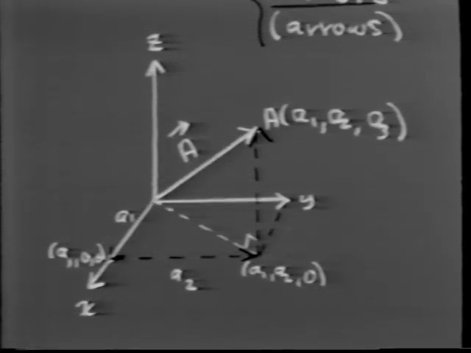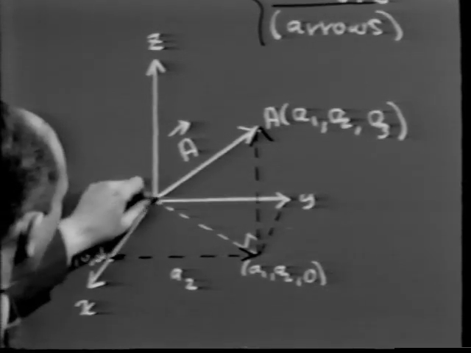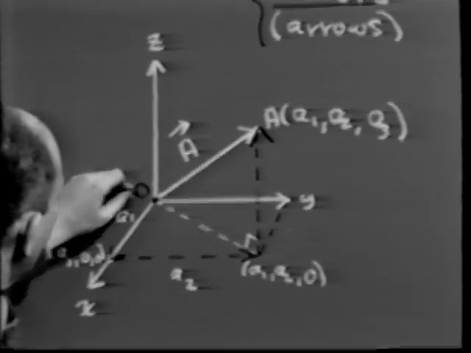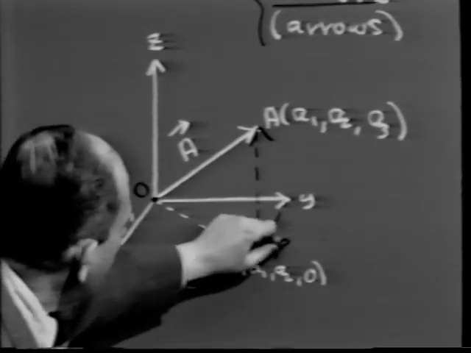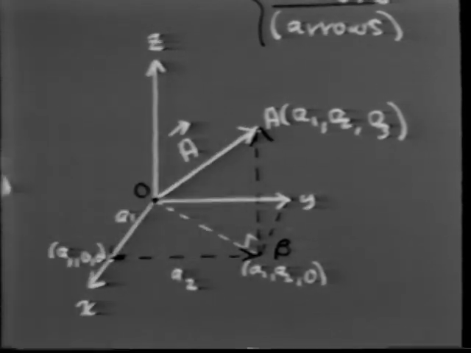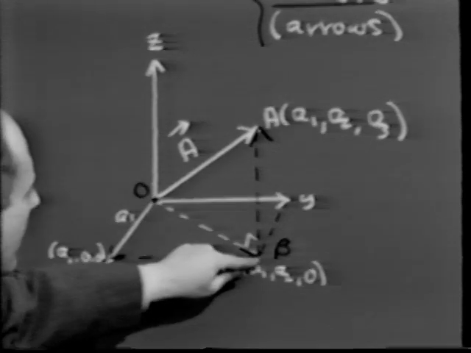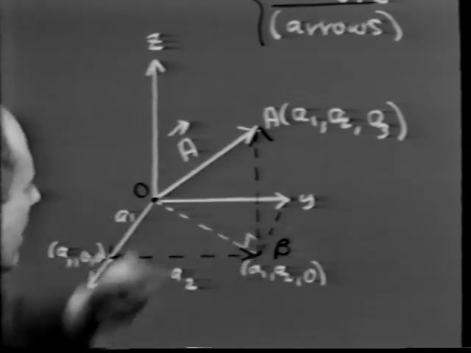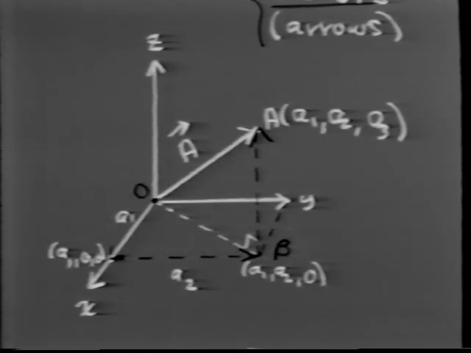What right triangle is it? It's the right triangle that joins the origin O, this point here B, and A. In other words, triangle OBA is a right triangle because OB is in the xy plane and AB is perpendicular to the xy plane.